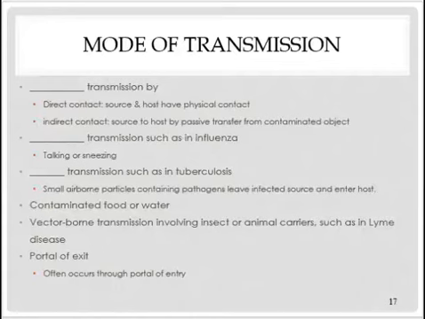Droplet transmission, such as influenza, can be passed by talking or sneezing of a person with the infection. Or it can also be airborne transmission, such as in tuberculosis. With airborne transmission, small airborne particles containing pathogens leave the infected source and enter the host.